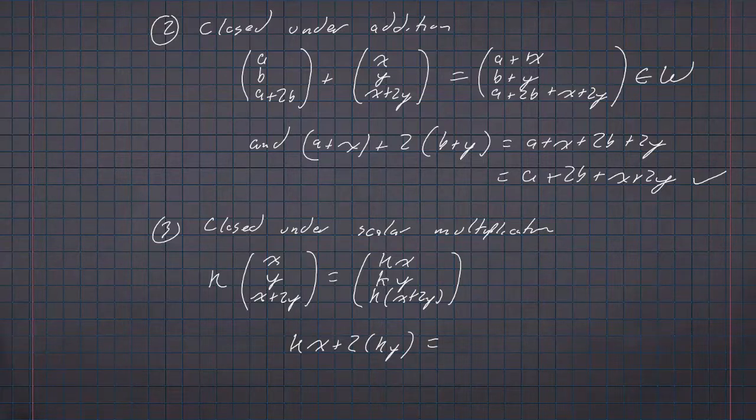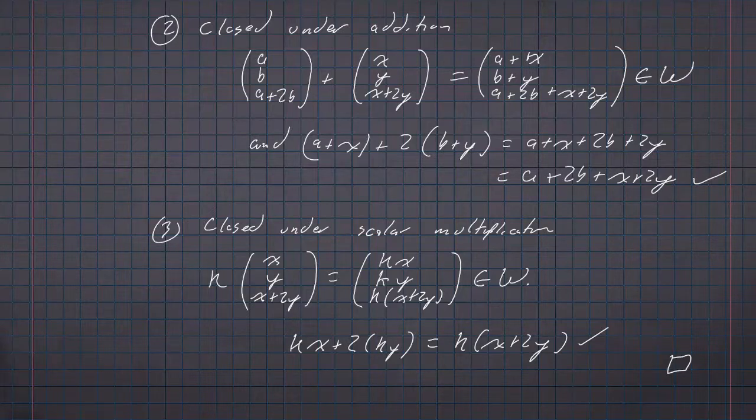And notice that there's a common factor of k we can take out here, leaving behind x plus 2y, which is exactly what we have in the third component. So this is also an element in W. By the theorem on subspaces, we have a subspace of our vector space.